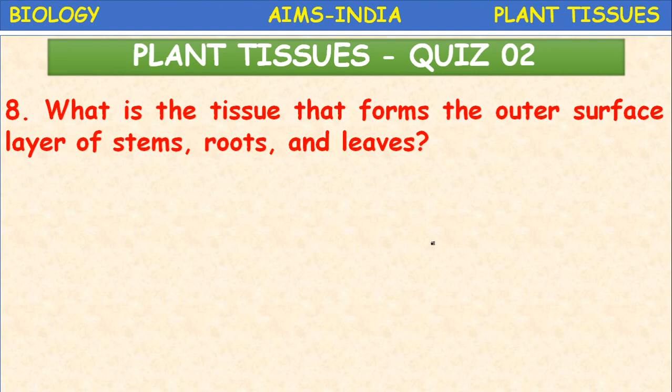What is the tissue that forms the outer surface layer of stems, roots, and leaves?